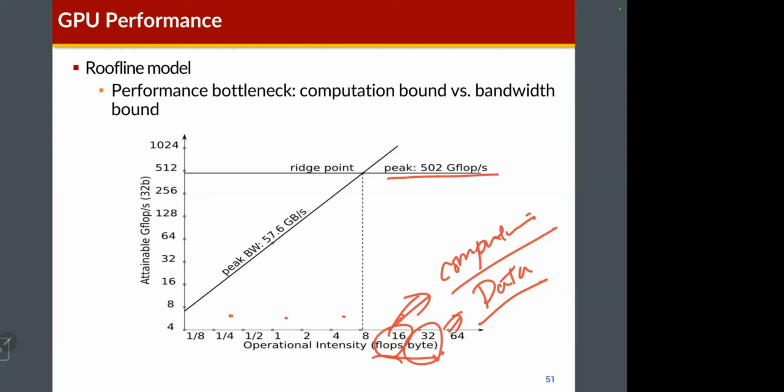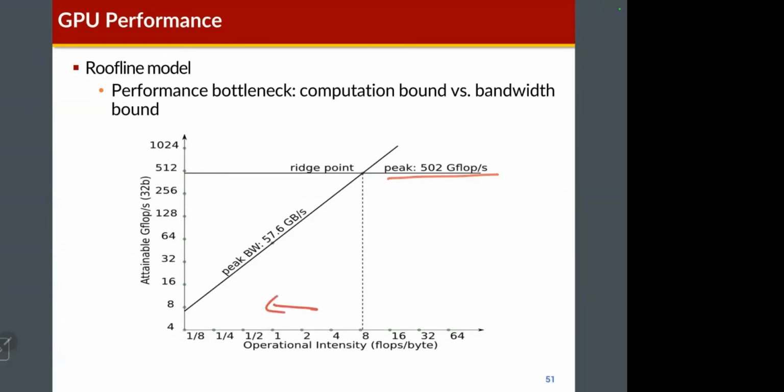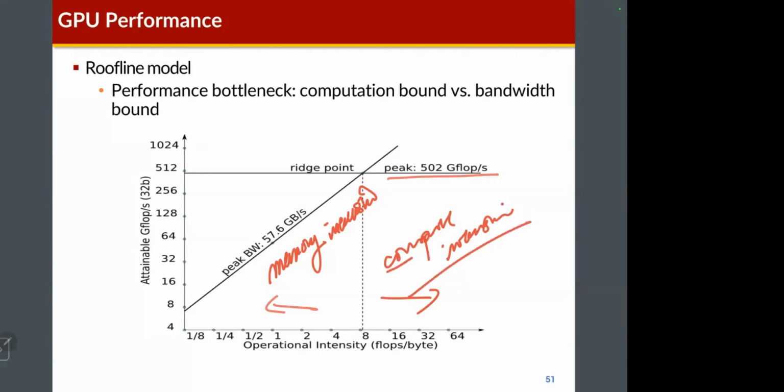If we observe this operational intensity, we can say that the leftmost part means memory intensive applications, and this part is the compute intensive applications. In a processor architecture, the performance of a compute intensive application is determined by computation resources.